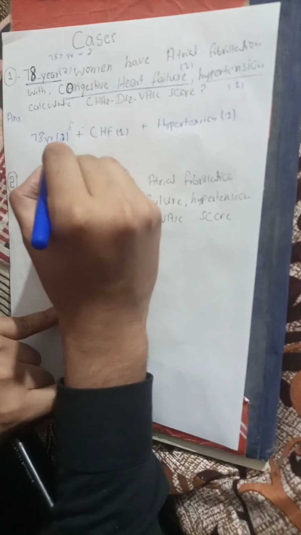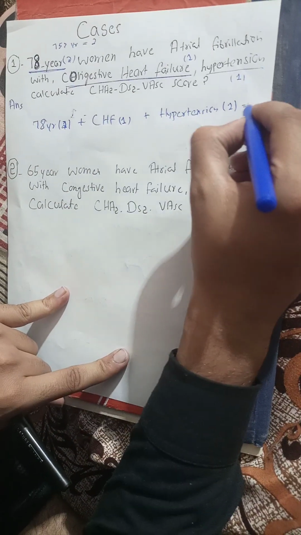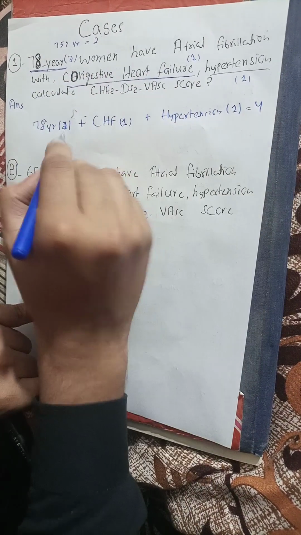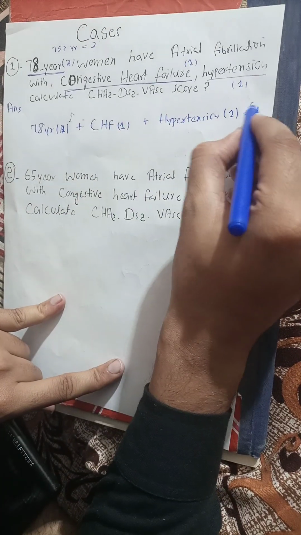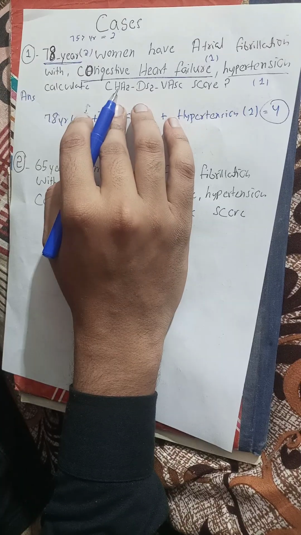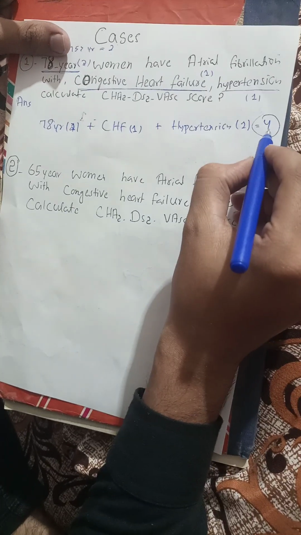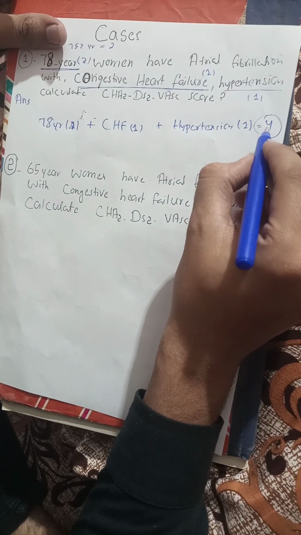So the total score is 2 plus 1 plus 1 equals 4, and the patient is a woman, so the CHADS-DS2-VASc score is 4. Can we give anticoagulant therapy or not? Yes, we can give anticoagulant therapy because the CHADS-DS2-VASc score is 4.